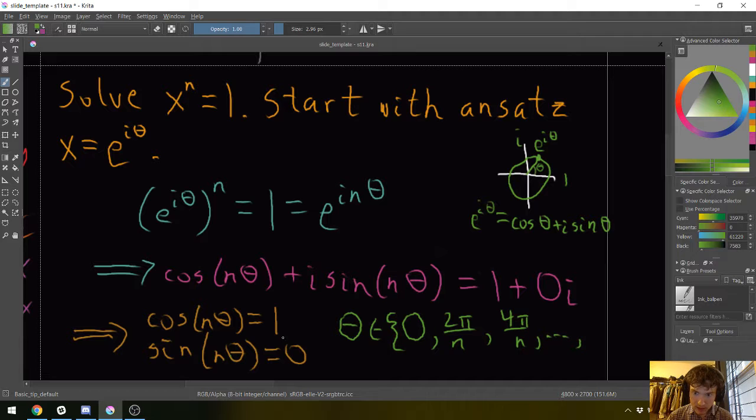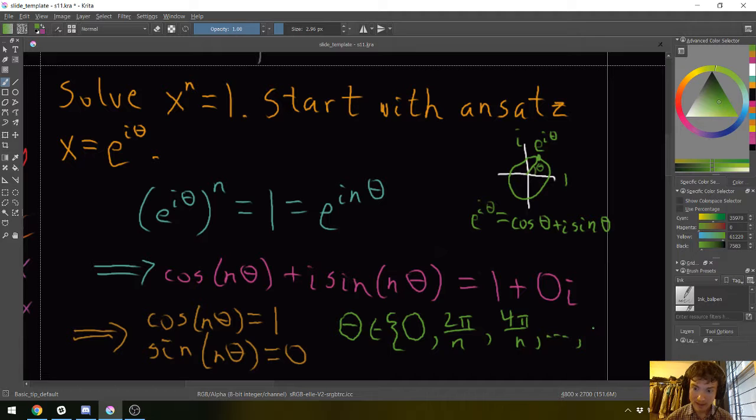And then this stops once we reach, I guess, it depends on what n is, how far we can go. If n is 5, for instance, then we would want to go up to 10 pi over 5, which is 2 pi, right?